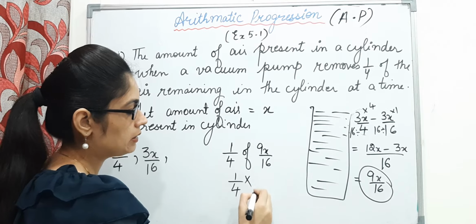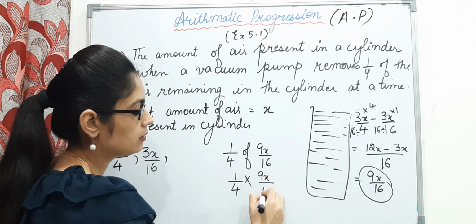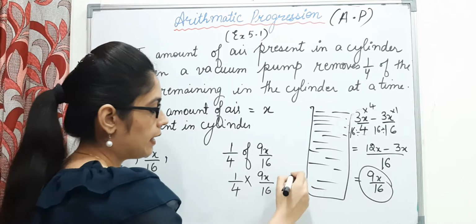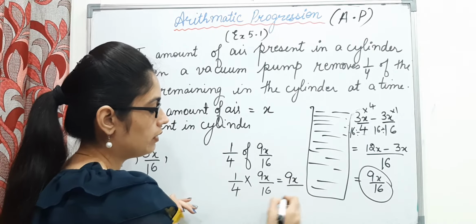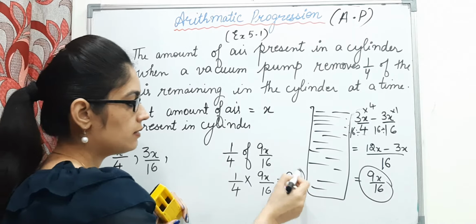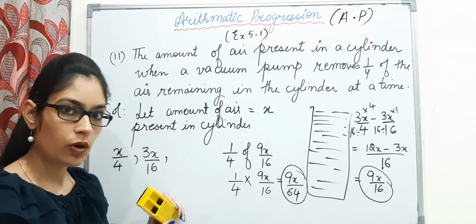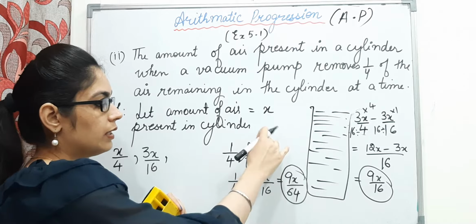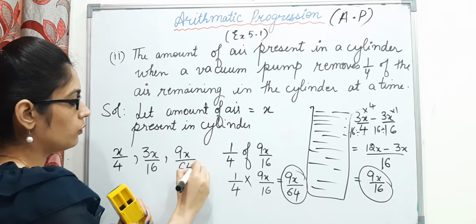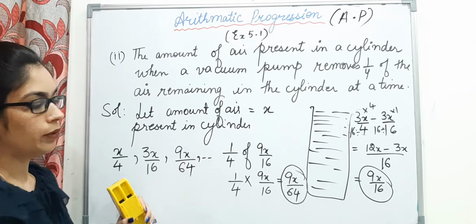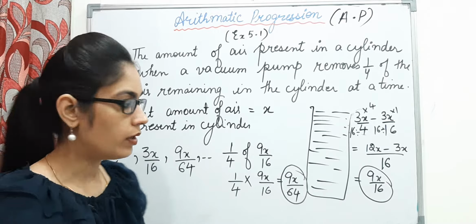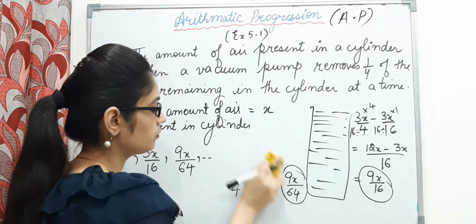Of means multiplication: 9 into 1 is 9x as it is, 4 into 16 is 64. So the air removed is 9x by 64, because this is 1/4 of the remaining air, and so on. With only three terms we can check whether the sequence is AP or not. So let's check now.